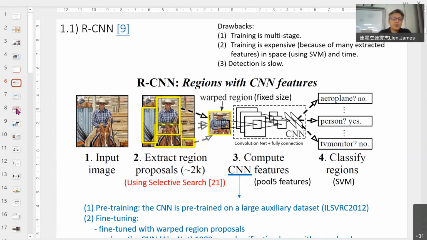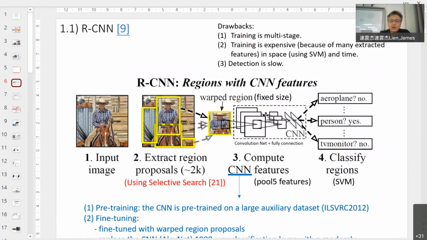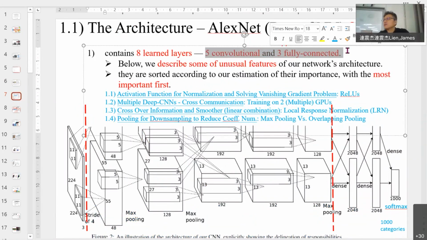So this is the RCNN. For the encoder in the RCNN, they use AlexNet for the classification. We already taught you this one, but I will just repeat it again. AlexNet has 5 plus 3 layers, but here we talk about blocks.